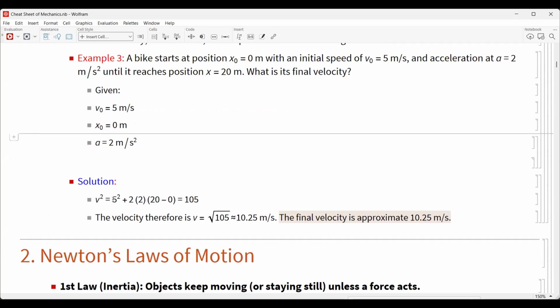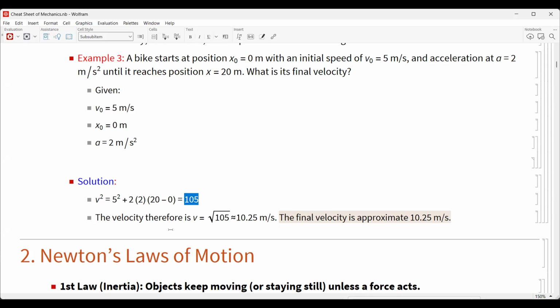So v squared equals the initial velocity squared plus 2 times the acceleration, times the final position, 20, minus the initial position, which is equal to 0. Okay, so this is equal to 105.